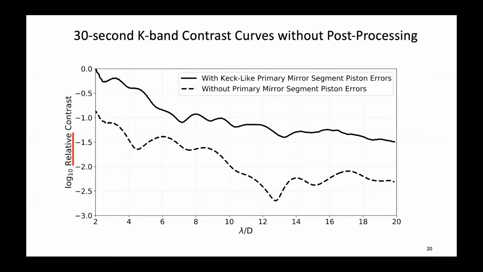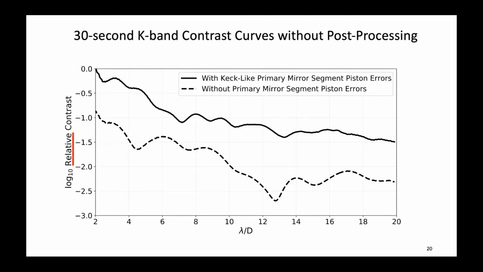I'm showing you the relative contrast, just normalized, you see in the upper left at 0, rather than showing the absolute contrast, because this is such a short simulation, only 30 seconds. And because it's very preliminary, I wanted to emphasize the difference between these curves rather than their absolute contrast. So what this is showing us is, in a preliminary way, how the contrast might be degraded if we weren't able to control the segments on TMT significantly better than we could on Keck.